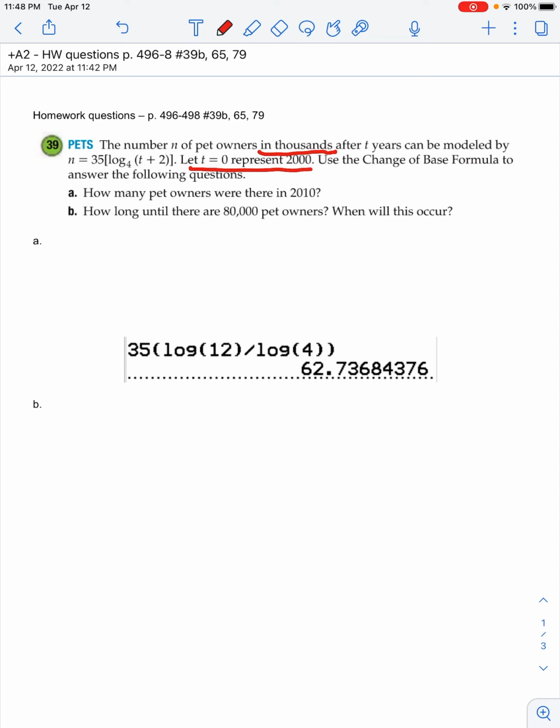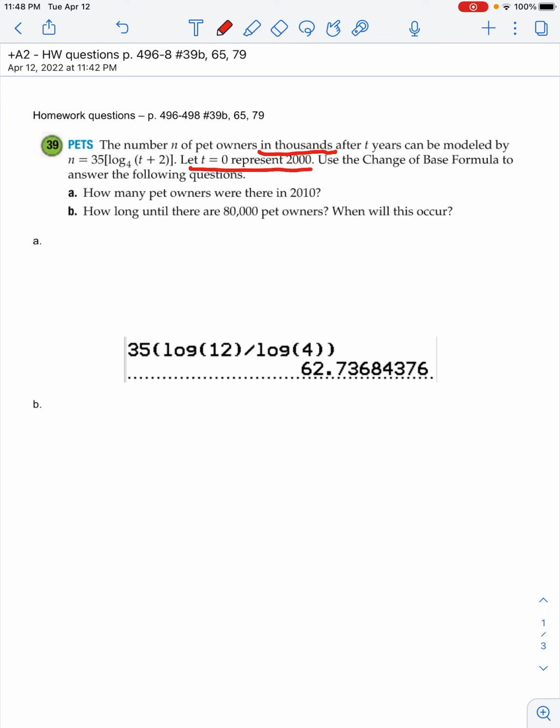So in part A, they ask you how many pet owners were there in the year 2010. If t equals 0 represents the year 2000, then t would equal 10 for the year 2010.